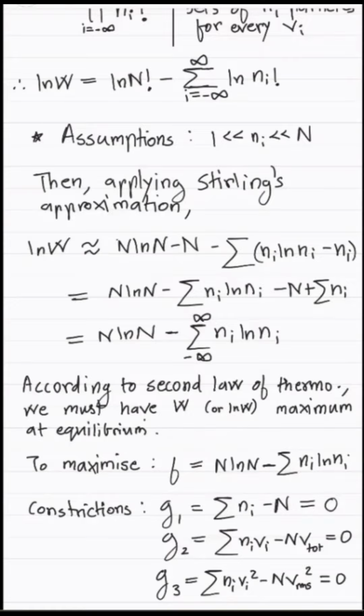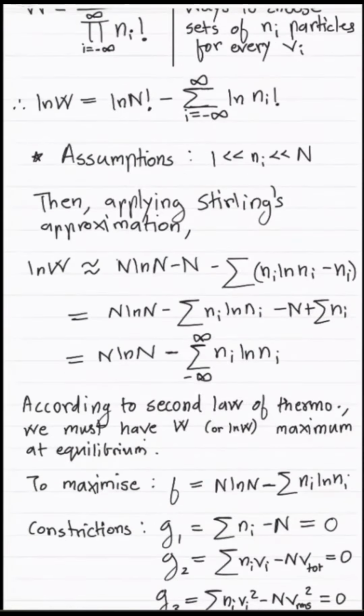So in this case, we can write natural log of W as approximately N natural log of N minus N, minus this summation, which contains the summation of ni natural log of ni minus ni. Then you can break this summation, and remember that the summation of small ni is just equal to capital N.